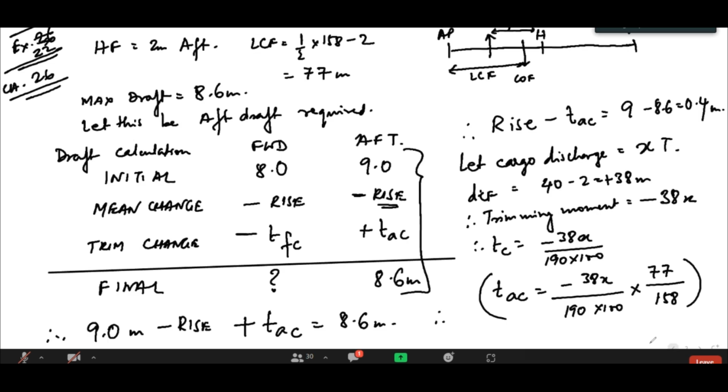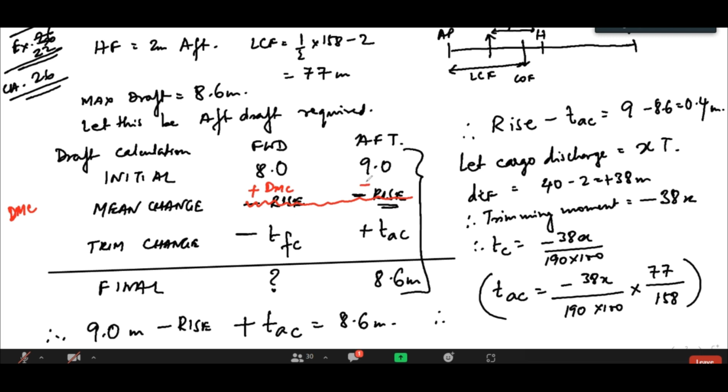Okay, the way of sorting out this issue, please pay attention to this one, very, very important. The way of sorting out this issue is, remember we used a word called DMC, mean change of draft. Yaad hai? Yes, sir.